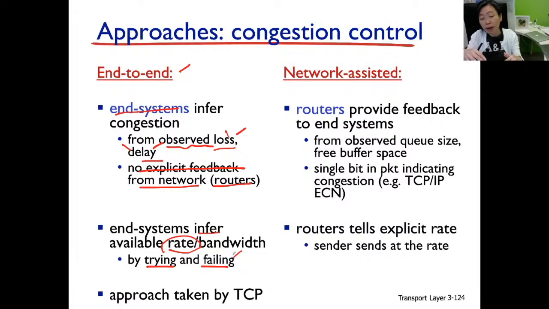So if we are detecting the signals of congestion, then let's slow down. The end system infers the right sending rate by trying, pushing. If we over push it, let's come down again and then try to push again. If not good enough, slow down again.